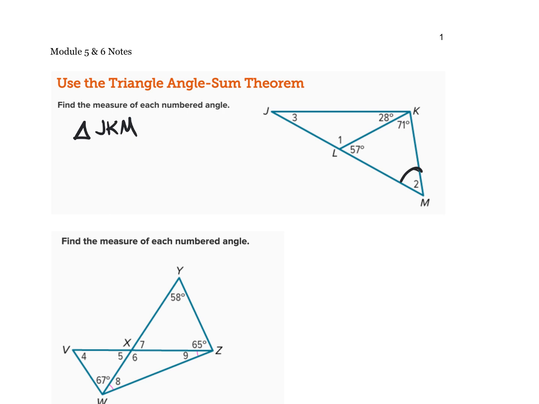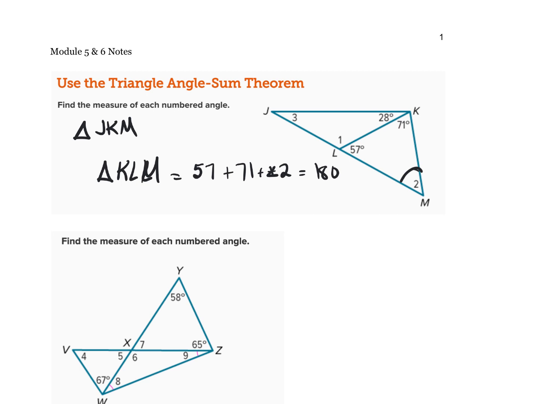So using our information that all triangles are 180 degrees, KLM. So that's 57 degrees plus 71 degrees plus angle 2 needs to equal 180.